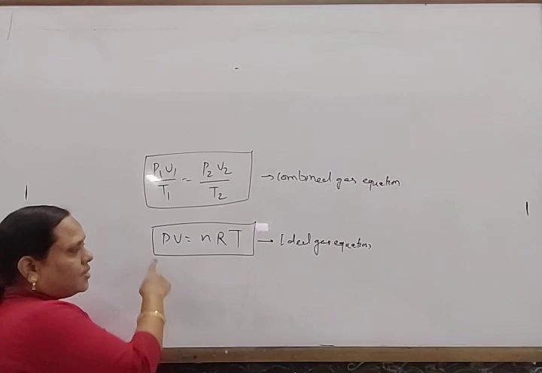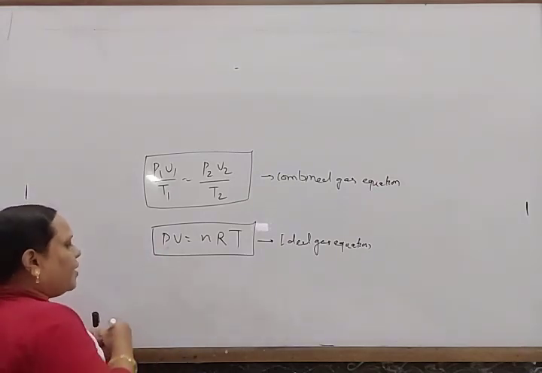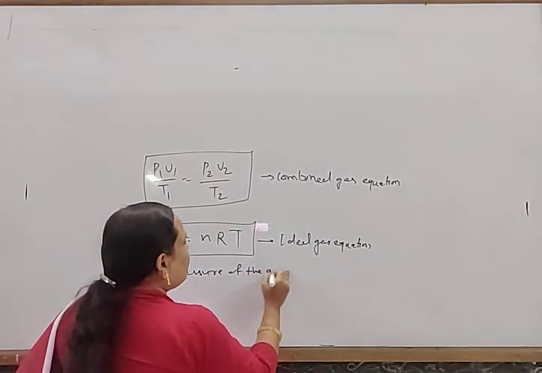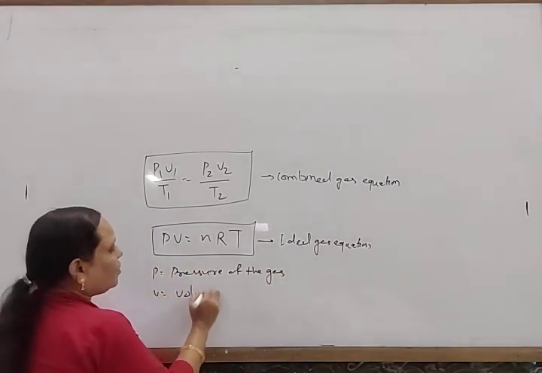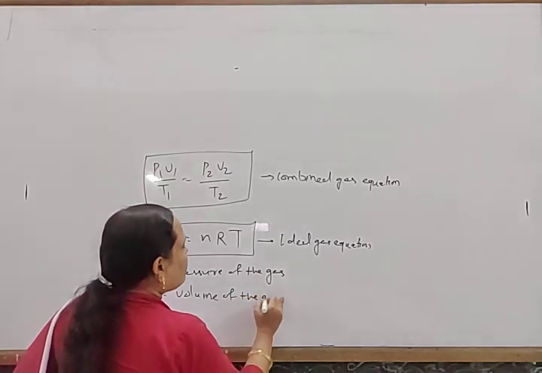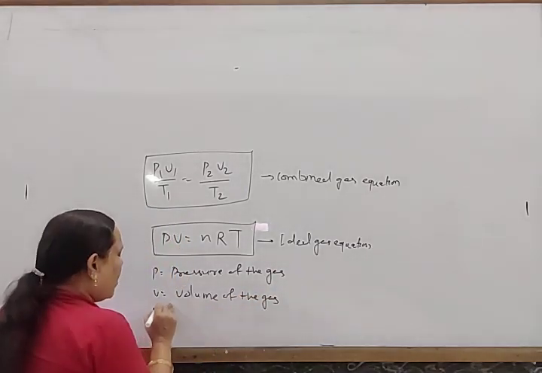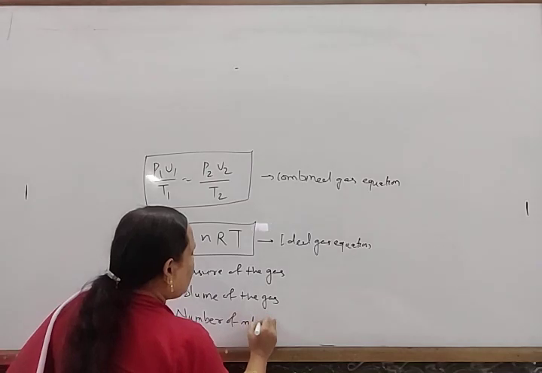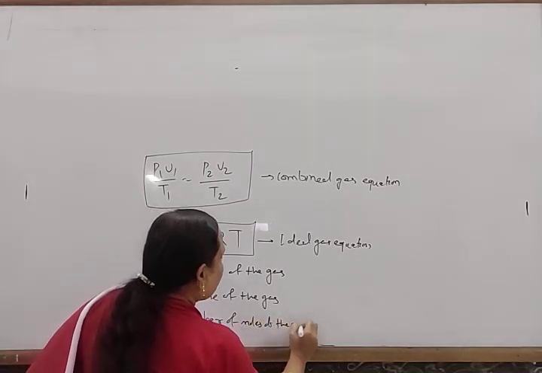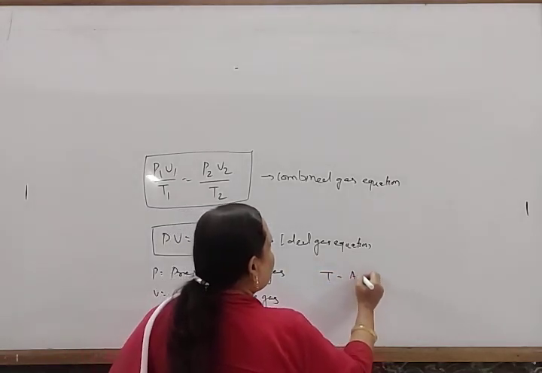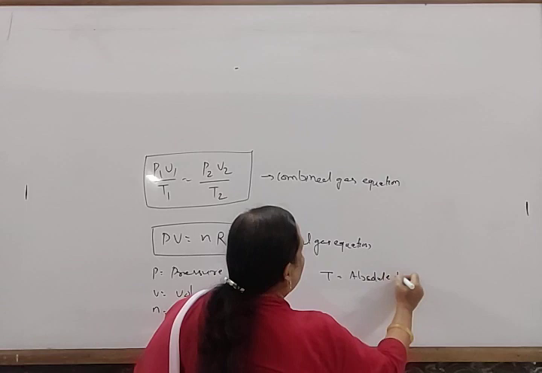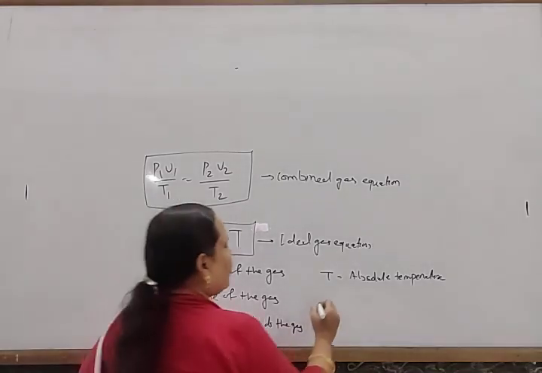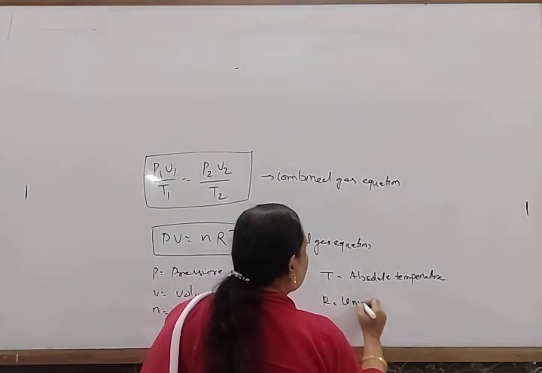The ideal gas equation is PV equal to nRT, where P is the pressure of the gas, V is the volume of the gas, n is the number of moles of the gas, T is the absolute temperature, that is temperature in Kelvin scale, and R is the universal gas constant.